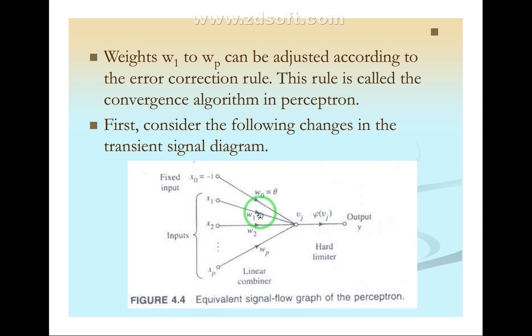So x1 with w1, x2 with w2, xp with wp, and the bias and the threshold is shown as x0, a constant input of -1, and the variable weight w0, or theta. So you have the input vector, you have the bias, and you have a variable weight.